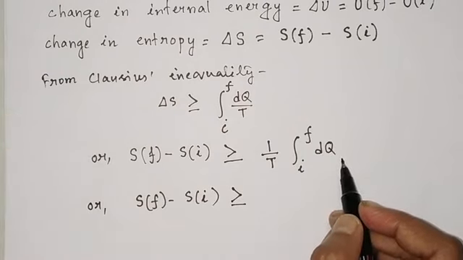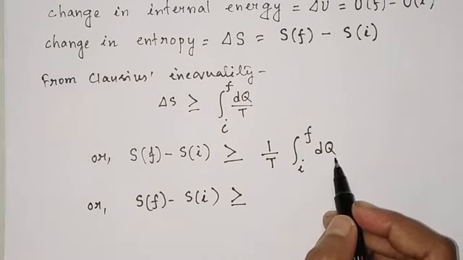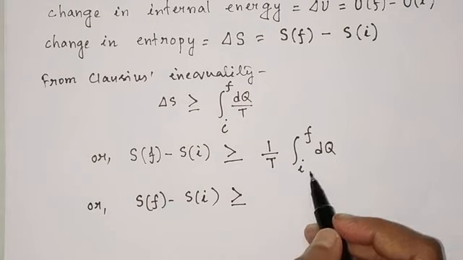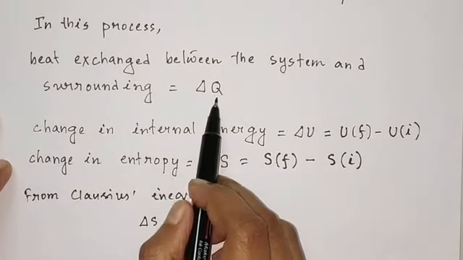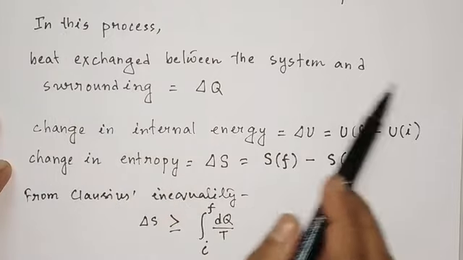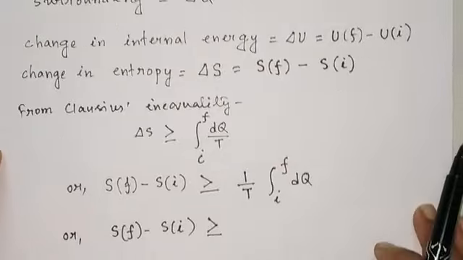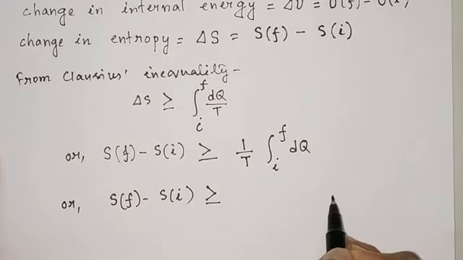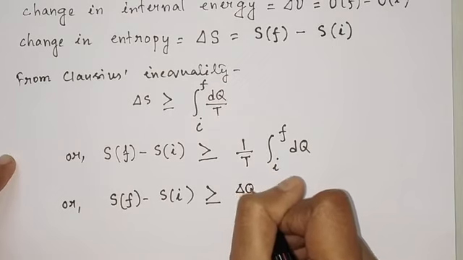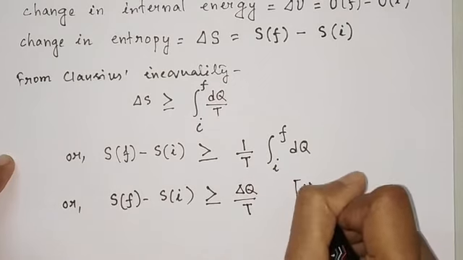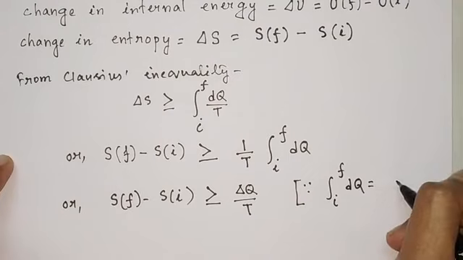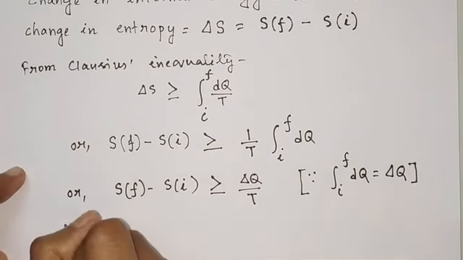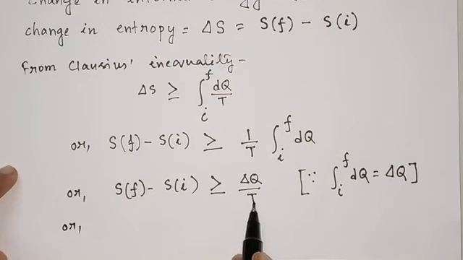Now what is the integration I to F dq? It gives us the total amount of heat which is exchanged between the system and the surrounding during this transformation from I to F, which we have stated is equal to delta Q. So this integration I to F dq will be equal to delta Q, so it will be delta Q by T. Now we will bring this T to the left hand side.